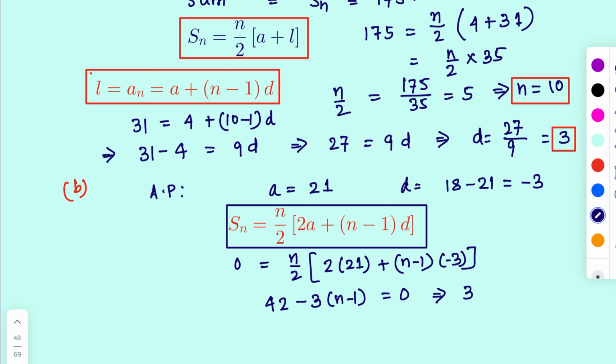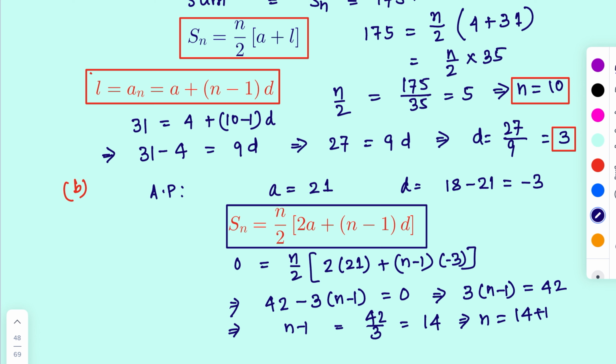This implies 3 into n minus 1 is equal to 42, or n minus 1 will be equal to 42 by 3, that is 14, or n will be equal to 14 plus 1, that is 15. So here the number of terms is 15.